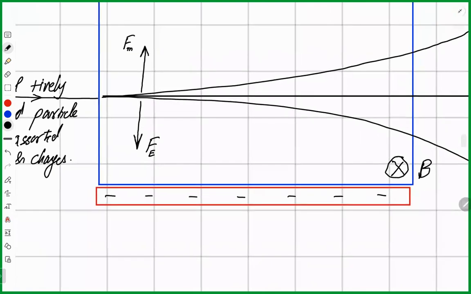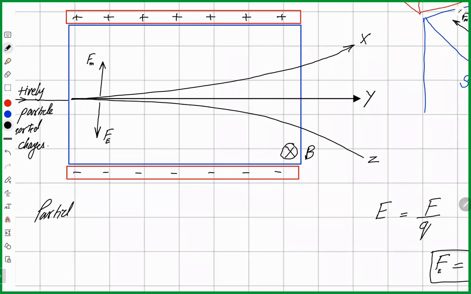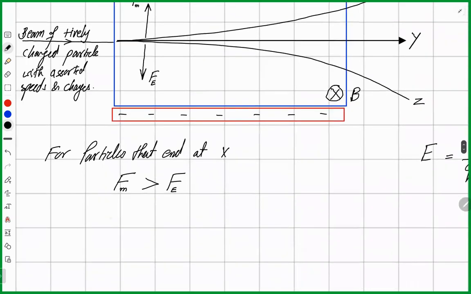Now, for particles that end at X, magnetic force is more than electric force. BQV is more than EQ.